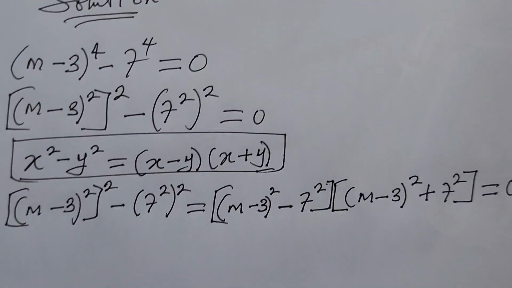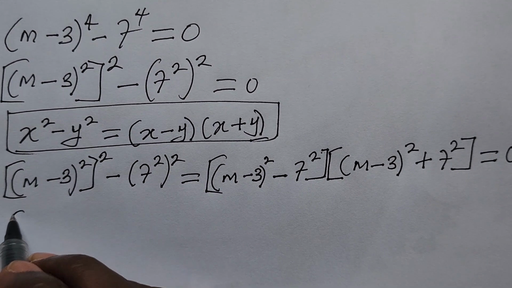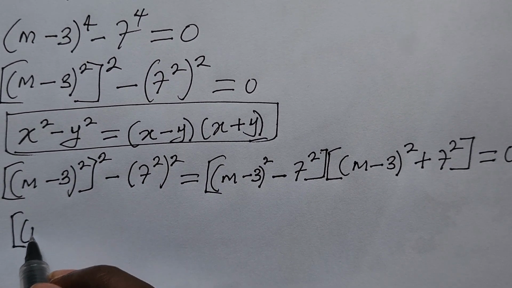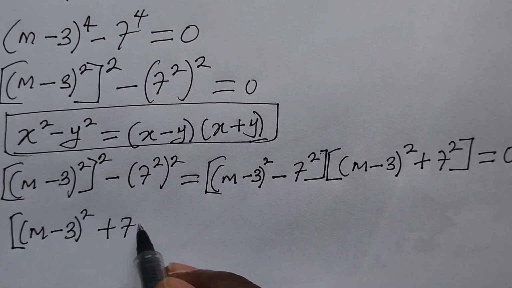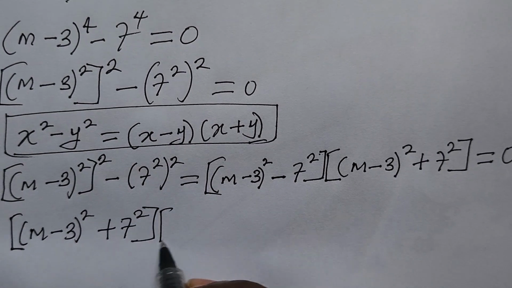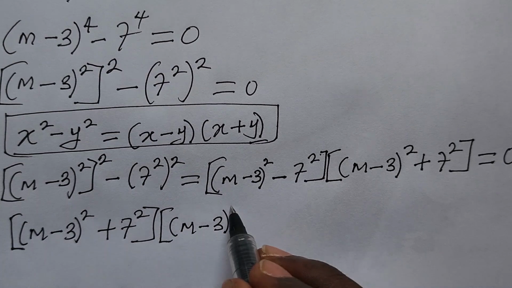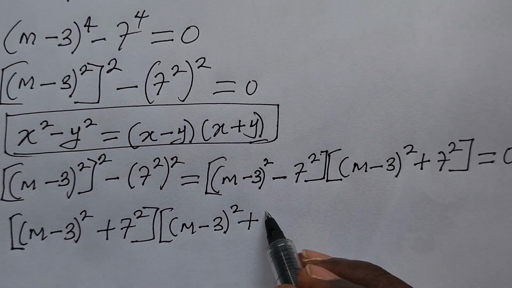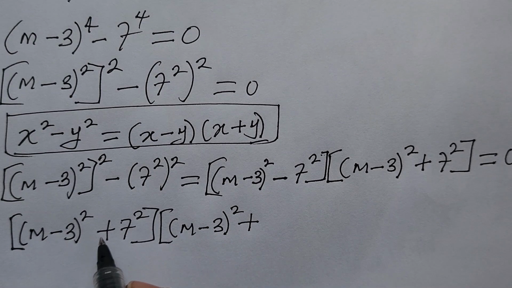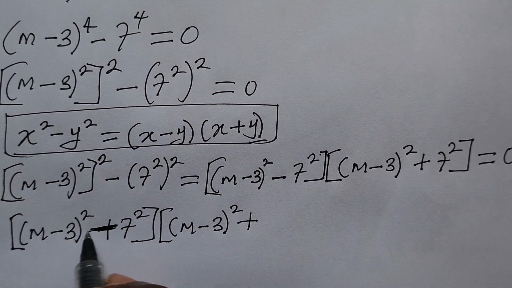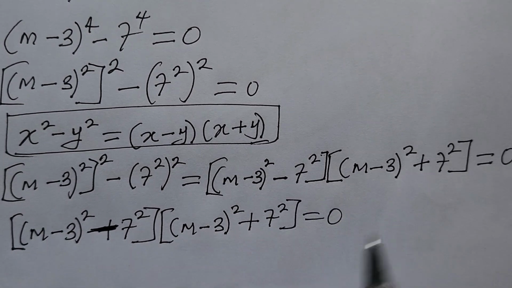So from here, we now have the whole of our expression to be [(m − 3)^2 + 7^2][(m − 3)^2 − 7^2] = 0.